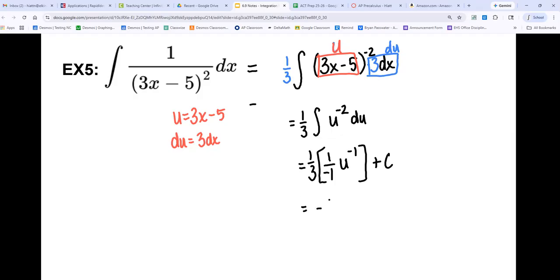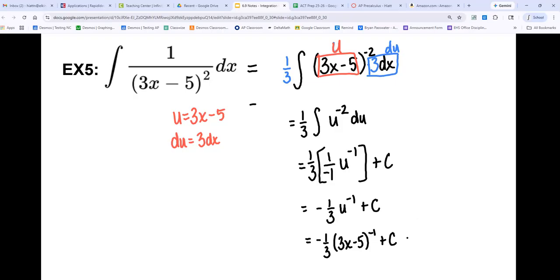So we'll have -1/3 u to the -1 plus c. And now all we really have to do is plug our u back in. So whatever the u was comes back in now. -1/3 times 3x minus 5 to the -1 power plus c.